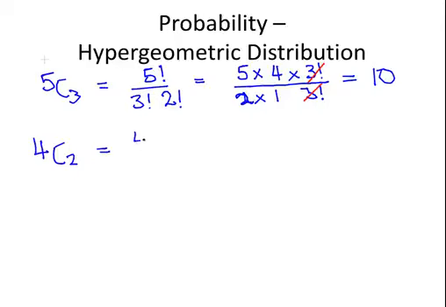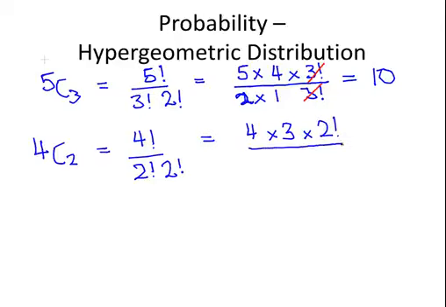And we have 4 factorial divided by 2 factorial times 4 minus 2, which gives us 2 factorial as well. There we go. So we have 4 by 3 by 2 factorial over 2 factorial times 2 factorial. 2 factorial is 2 times 1.